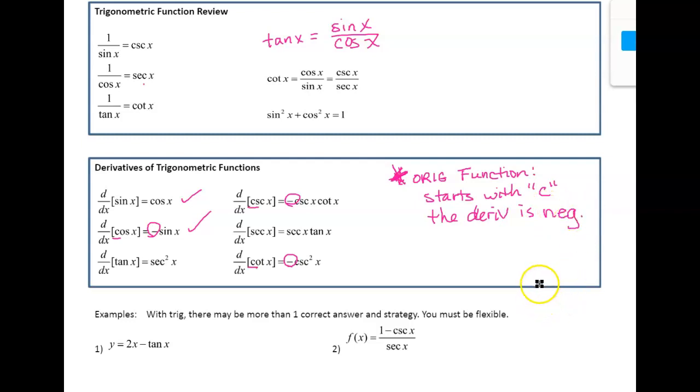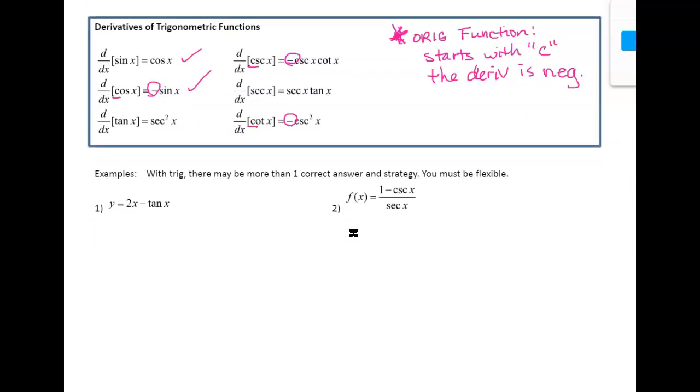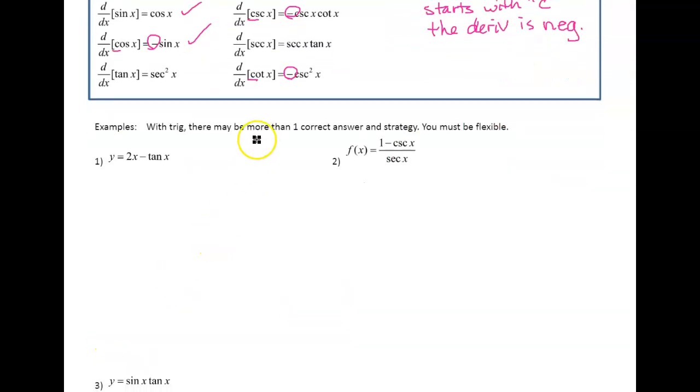And that's really the only pattern there is. You notice secant has secant and tangent. Tangent has secant in it. I mean, there's other patterns as well, but the signs are the most commonly missed thing. So that's why it says with trig, there can be more than one correct answer. That's definitely why multiple choice is usually the strategy.